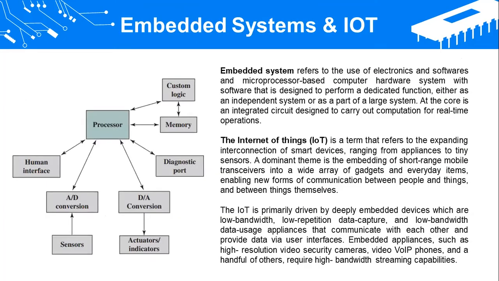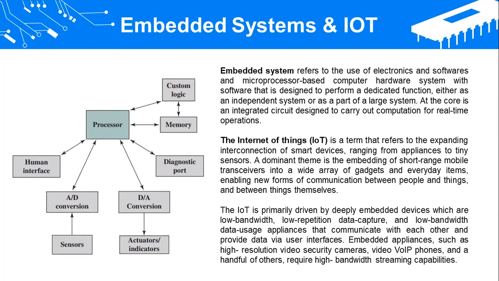And then I will explain embedded systems and IoT. An embedded system refers to the use of electronics, software, and microprocessors in a computer hardware system with software that is designed to perform a dedicated function, either as an independent system or as a part of a larger system.